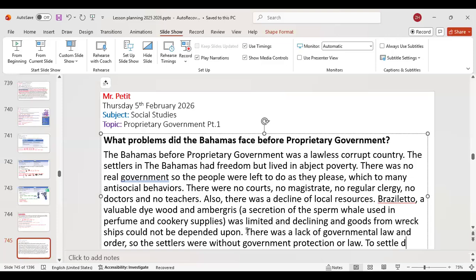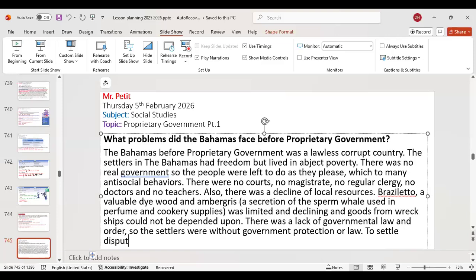To settle disputes, they usually turned to the Bermudian government, the Bermuda government.